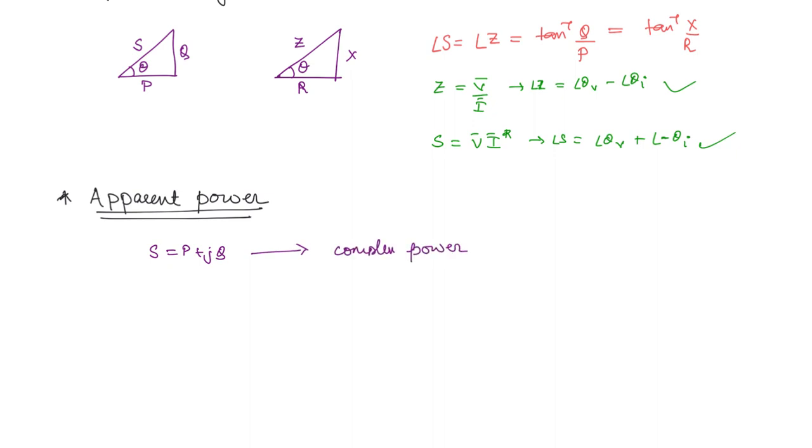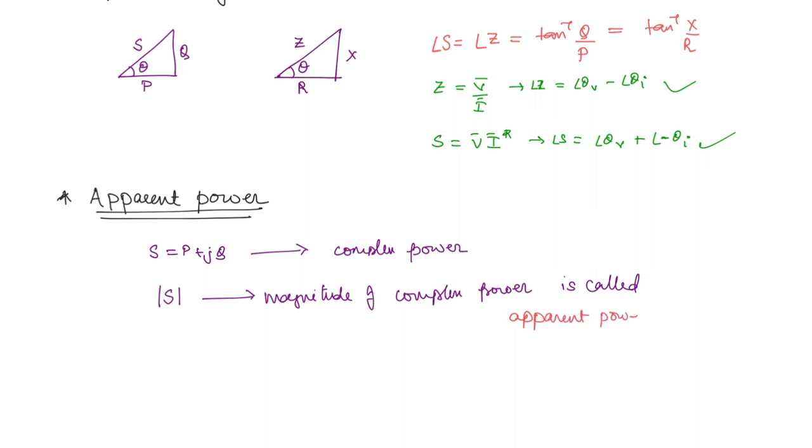Now, if you express S in the form of magnitude, then the magnitude of the complex power is called the apparent power. So that is the difference. Complex power is a complex number, while apparent power is just a number. It is the magnitude of the complex power.